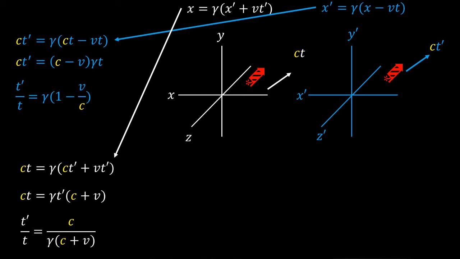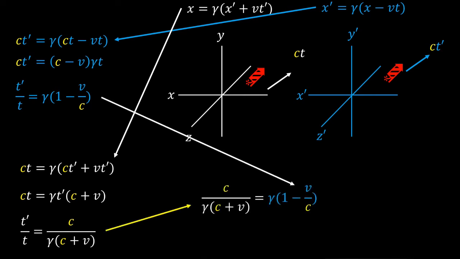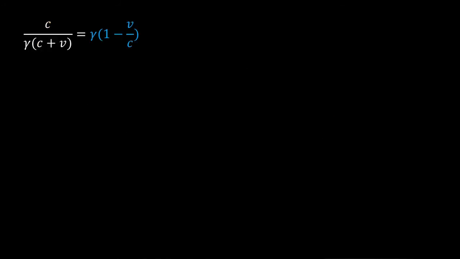We can now equate the blue and white equations to get c over gamma times open brackets c plus v close brackets equals gamma times open brackets 1 minus v over c close brackets.